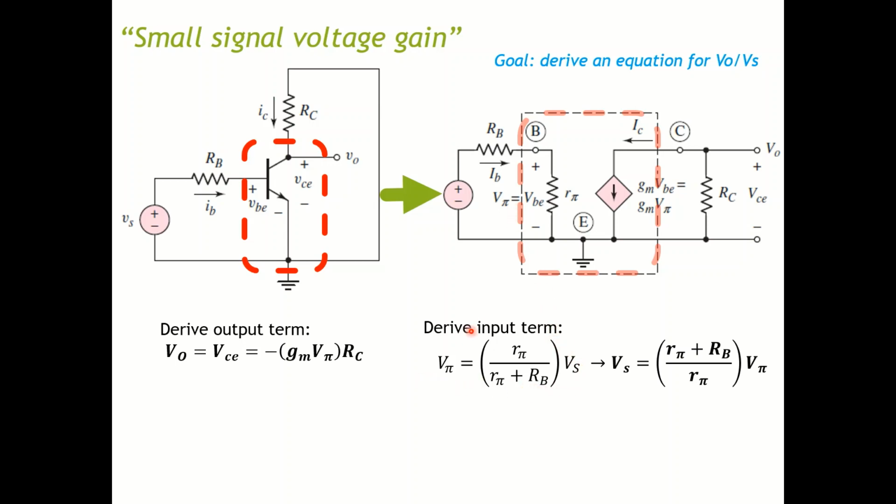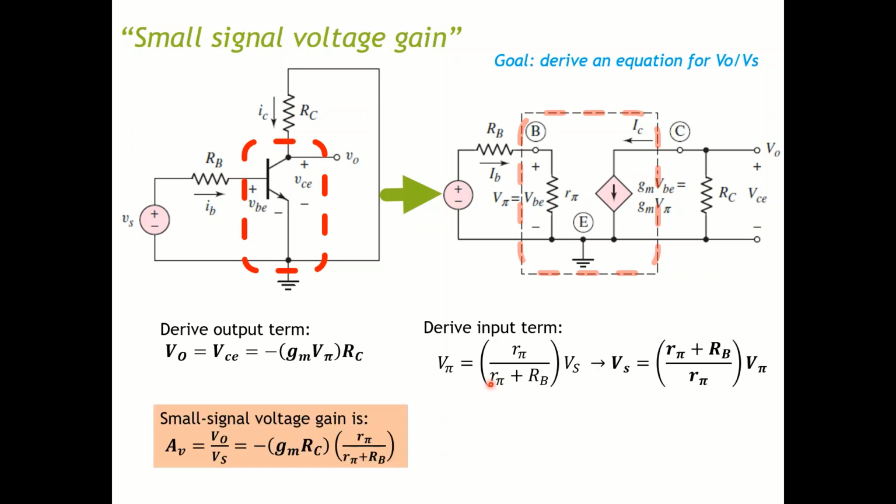If you use that voltage divider rule, you can get your value for V pi. Also, you just have to flip this term over, then you can derive the term for your input voltage. Finally, all you have left is to divide the output by the input, and then you have your equation for the voltage gain of the circuit.